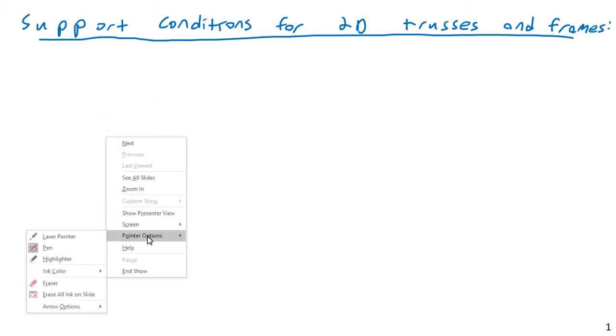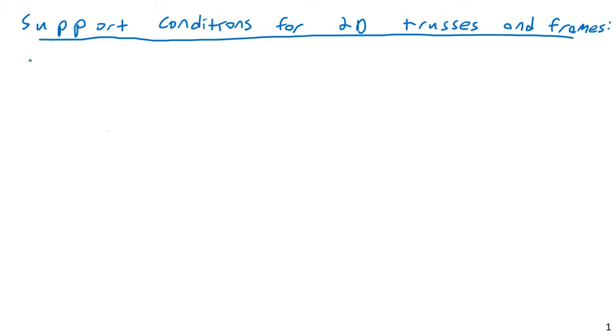So we have three main ones we need to consider. This is going to be our famous roller, pin, and fixed supports. Again, just a review from statics.